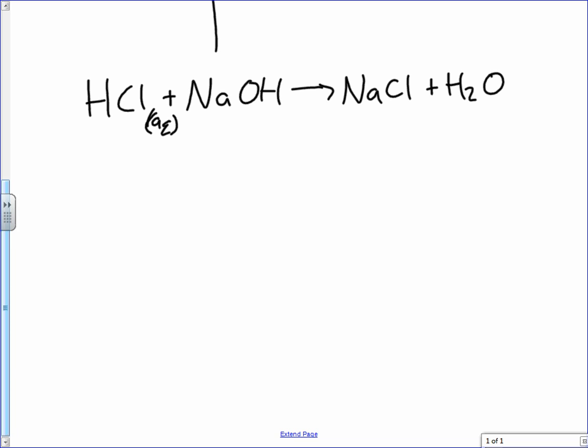AQ. The same goes for sodium hydroxide. It is dissolved in water. In this particular reaction, the salt that's produced is going to stay dissolved in the water. So even though salt itself is a solid, in this reaction, it will be aqueous. Water, however, is a pure liquid.